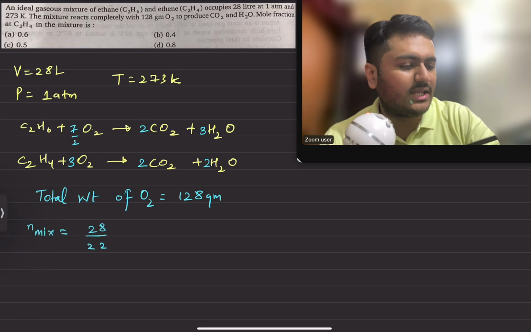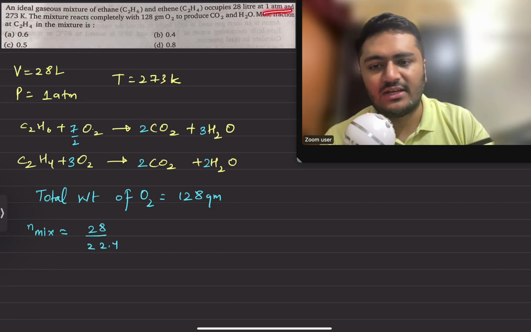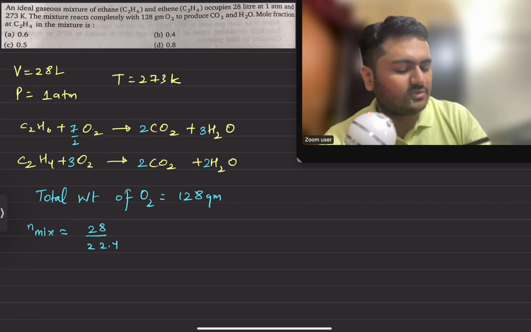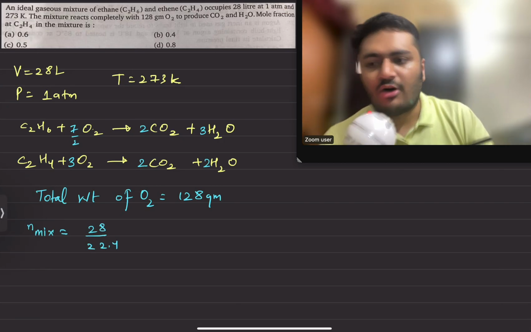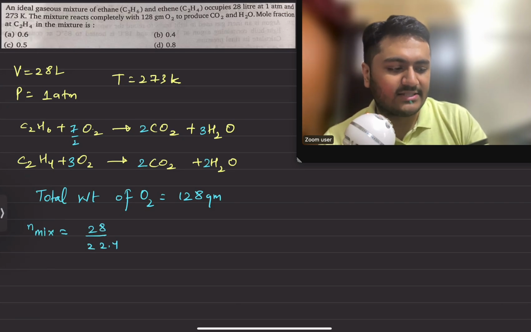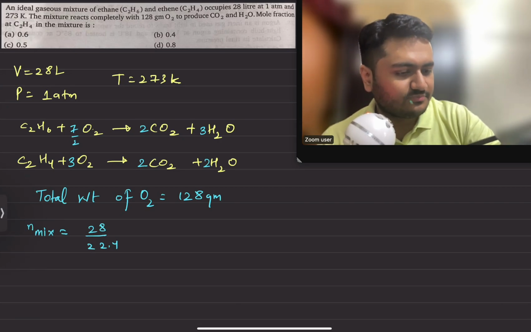I'm directly using 22.4 because STP, standard pressure and temperature, has been given. Now if I am able to find the moles of either of the gases, I can find the mole fraction of C2H4.